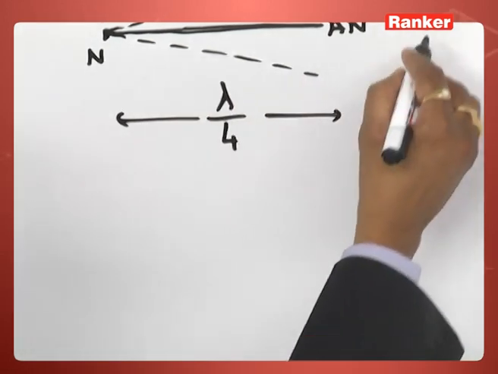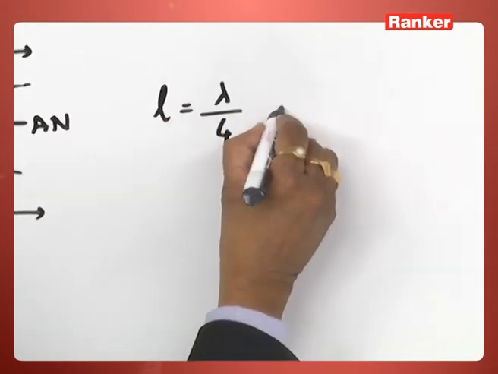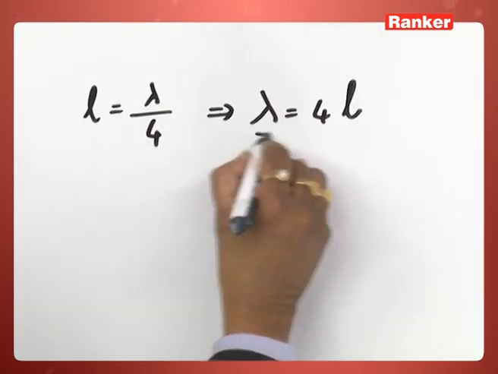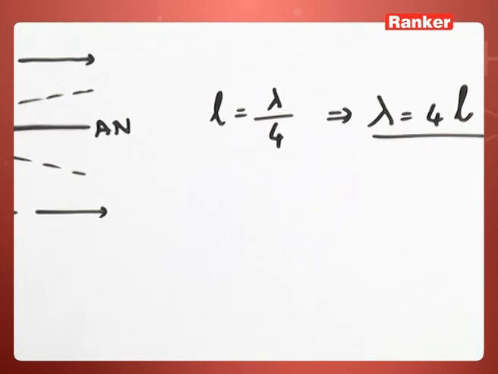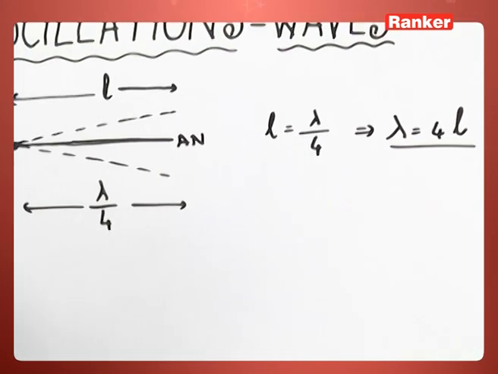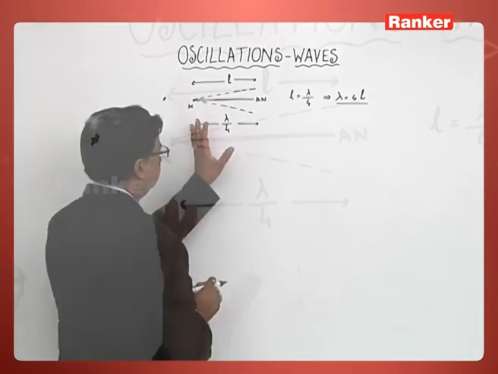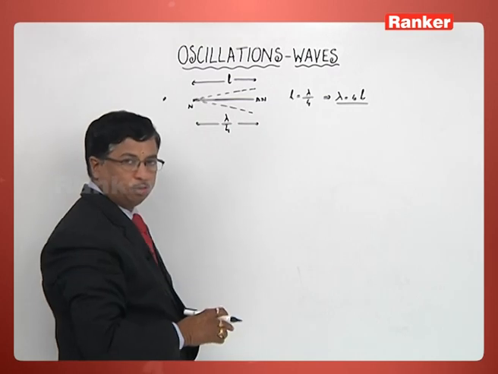So, when L is equal to lambda by 4, the wavelength of the wave thereby produced is going to be 4 times the geometric length of that rod. So, this is one example where you find the basic mode of its vibration, like one node, one antinode.